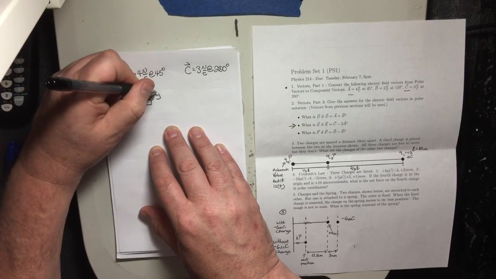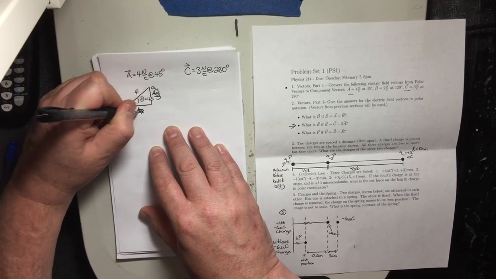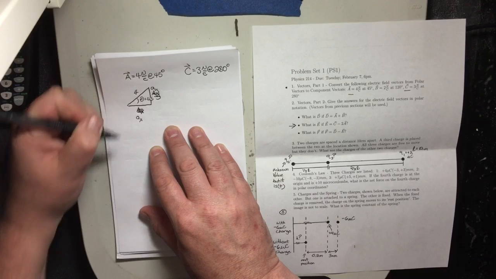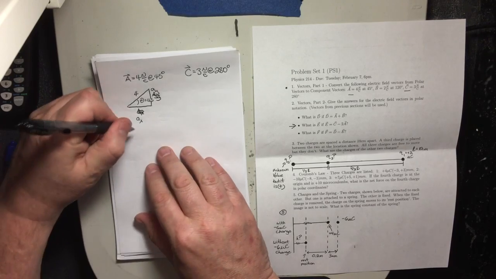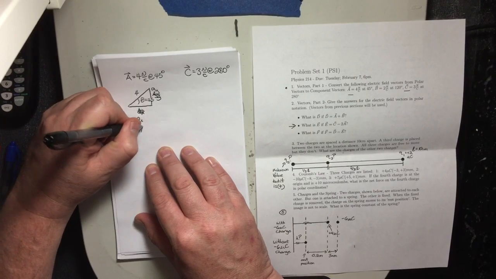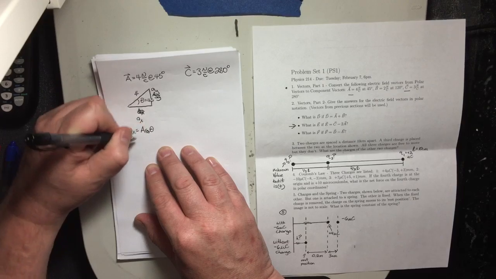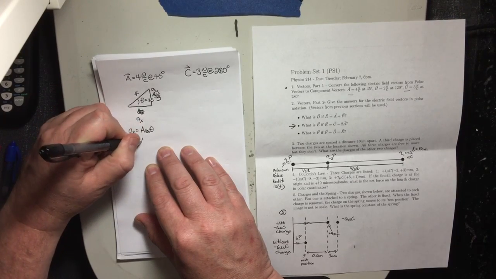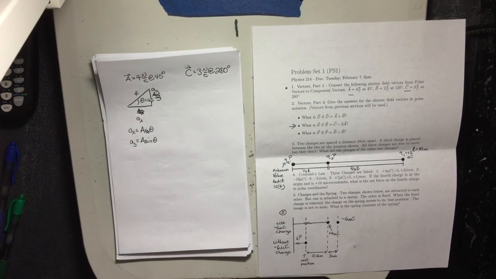Let me be nice about it. AY, AX. When I'm dealing with vectors, I use lowercase for magnitude. AX is A cosine theta, and AY is A sine theta. Remember SOHCAHTOA from your trig days.